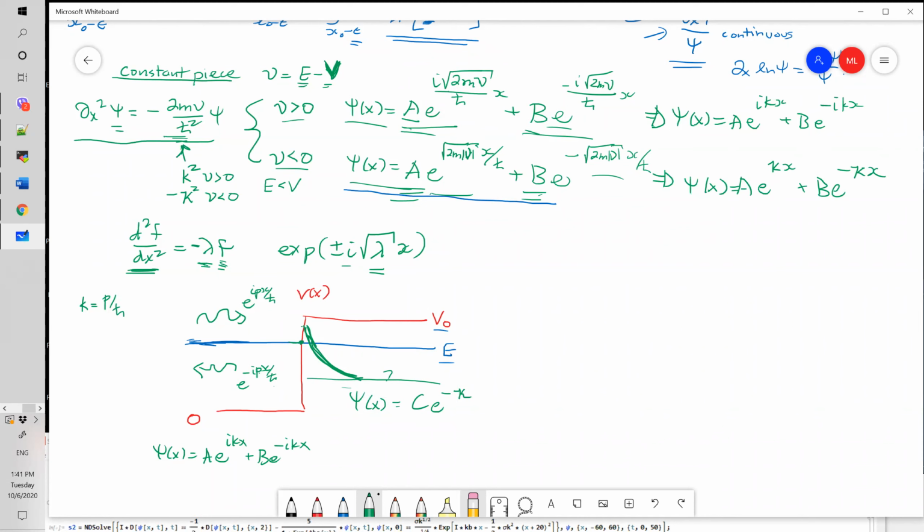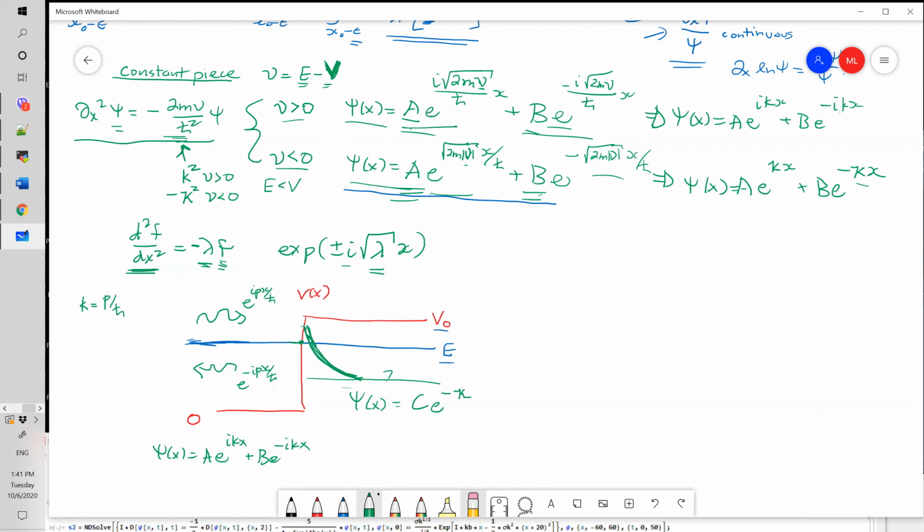The difference here is that kappa is the square root of 2m times the absolute value of nu. If nu is negative, you have to put negative nu here to make it positive, and here there's no absolute value, so there's a little bit of a difference, but it's the same. You just have to make sure that kappa and k are both positive numbers.